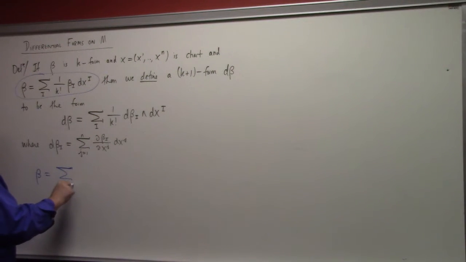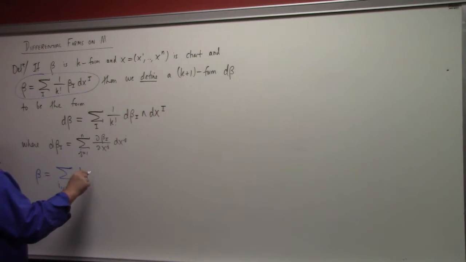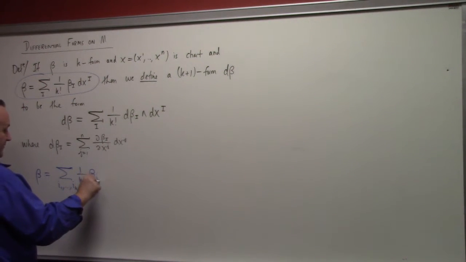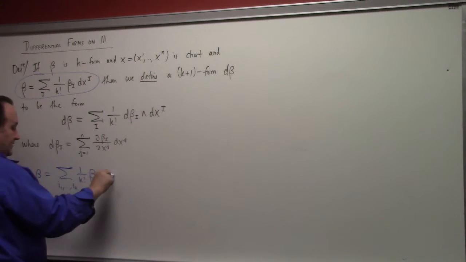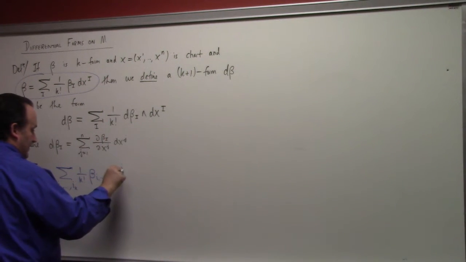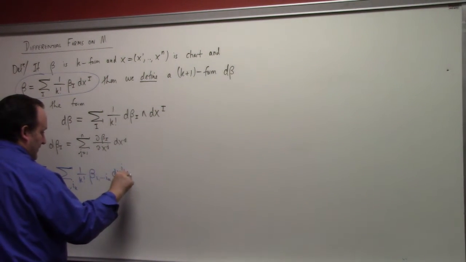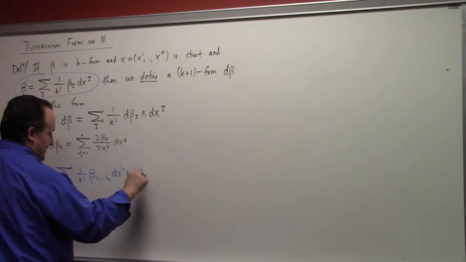It's a k-form, so ik, that's the number of indices we've got. You've got your 1 over k factorial, and then we've got ourselves a beta sub I1 through ik. All right, dx I1 wedge ... wedge dx ik.